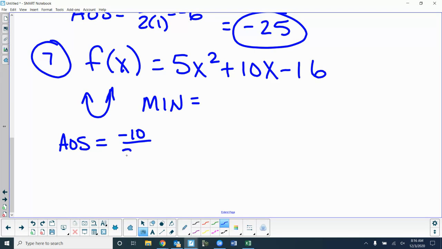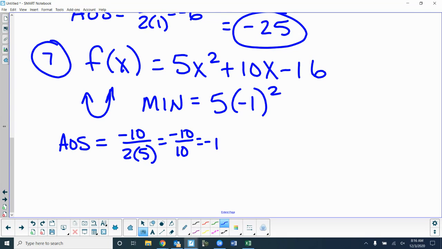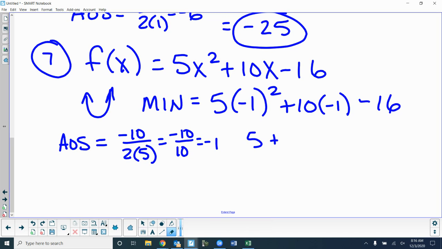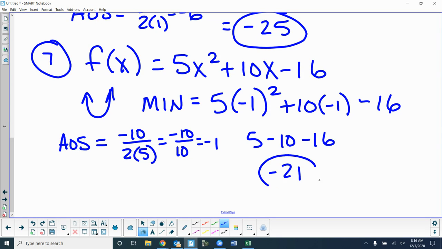Good. Over 2 times 5. Good. So that's negative 10 over a positive 10, which is negative 1. So I'm going to put the negative 1 in for the x. All right, so negative 1 squared is positive 1 times 5 is 5. Oops, I'm plus, sorry, minus 10. Minus 16. So 5 minus 10 is negative 5, minus 16 is a negative 21.